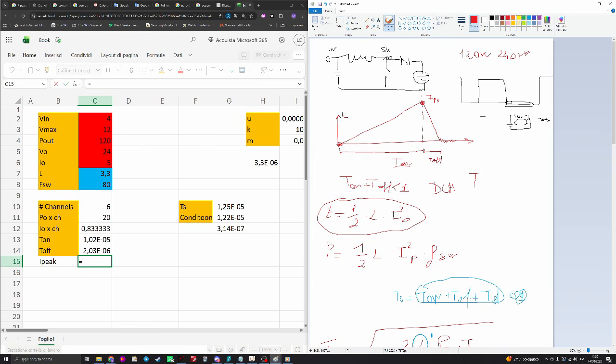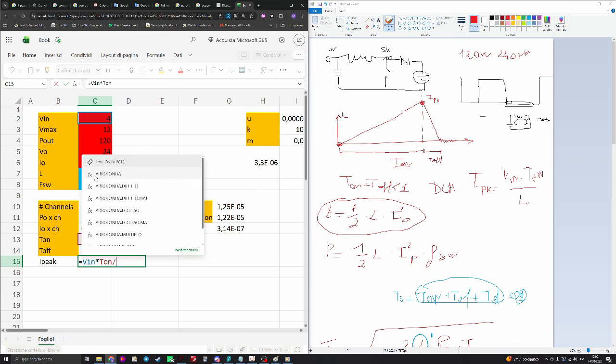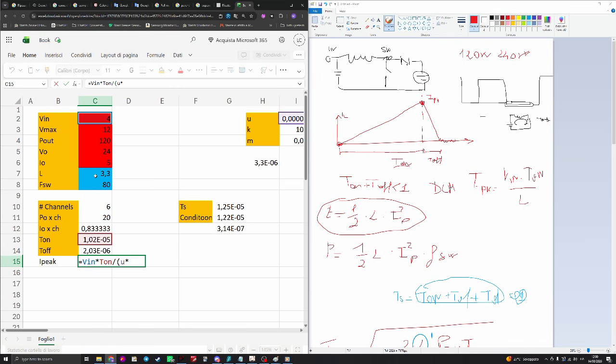So let's just write that the peak is equal to, it's just a straight line, so we write V in times T on over the inductor L. Yeah, something like that. V in times T on over L, okay?